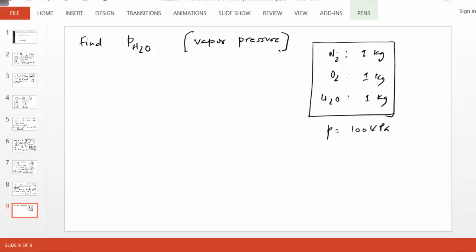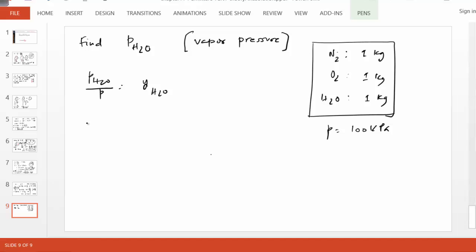Okay, so we know the partial masses of the mixture, so we can find the mole fraction. We know that pH2O over P must be YH2O. So therefore, we have to find the mole fraction of water vapor. That'd be our first step. So again, we could use the formula or derive everything from scratch.